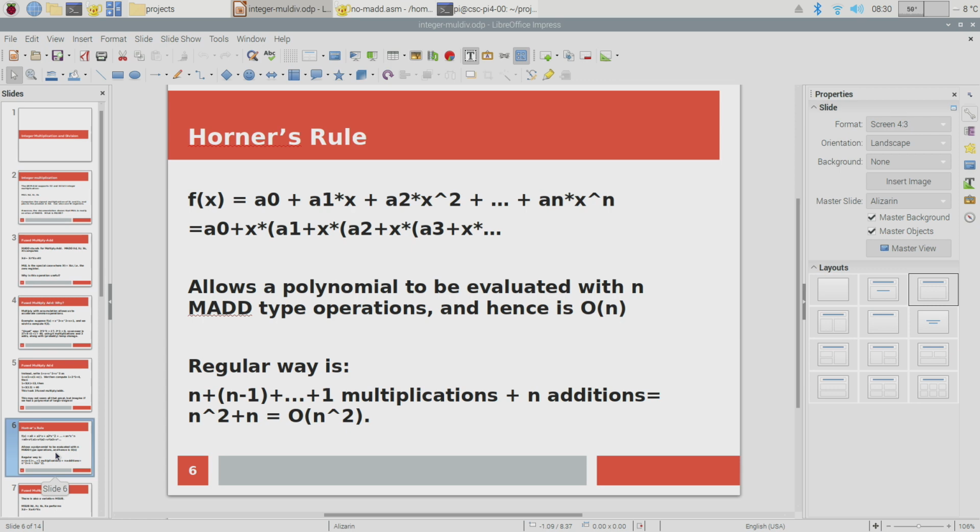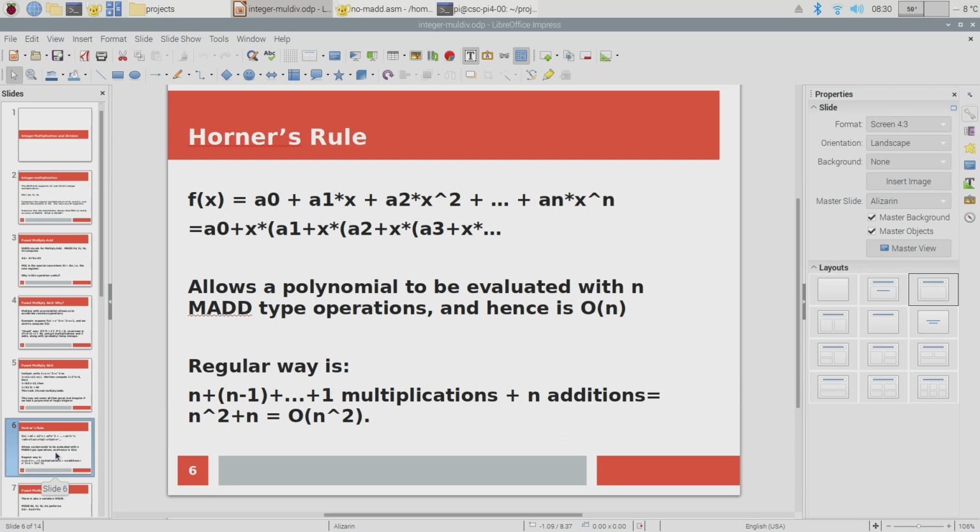Okay, well, you'll get there, my friends. Well, actually, you guys are talking about big O in data structures, right? So you know the difference between big O of n versus big O of n squared. If you do this with the MAD type operation, then it's big O of n because you only have to do n of these things.